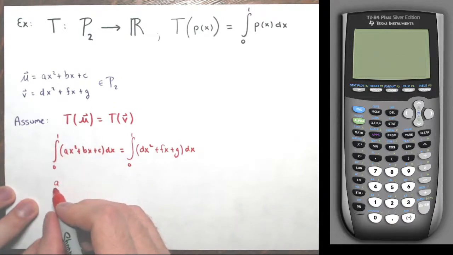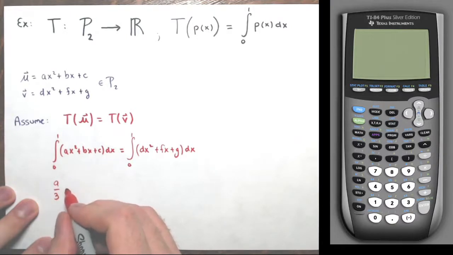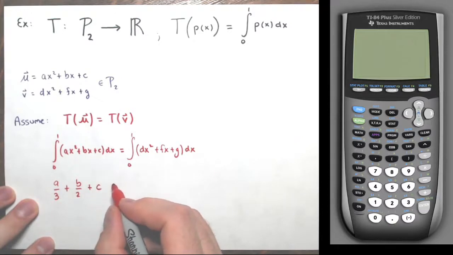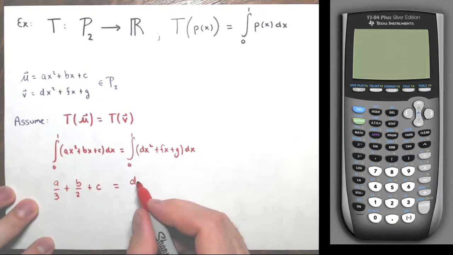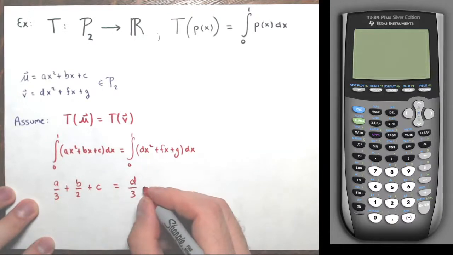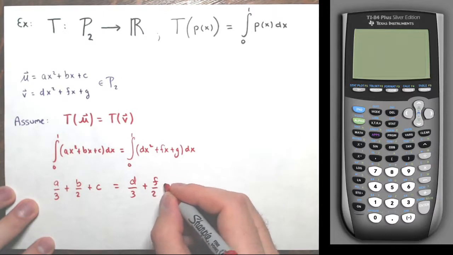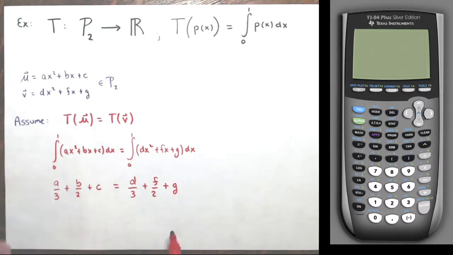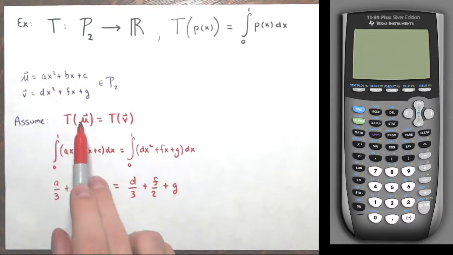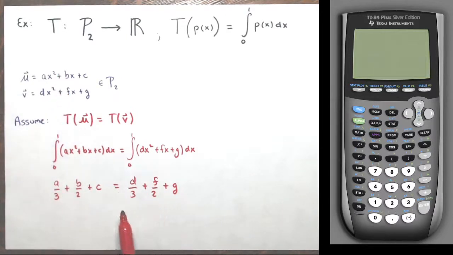Subtracting them, I have a divided by 3 plus b divided by 2 plus c on this side, and on this side pretty much the same thing except with d, f, and g instead of a, b, and c: d divided by 3 plus f divided by 2 plus g. So these would have to be equal, if I'm assuming that the images of these under T are equal. Now, does this imply that a has to be equal to d, and b has to be equal to f, and c has to be equal to g?